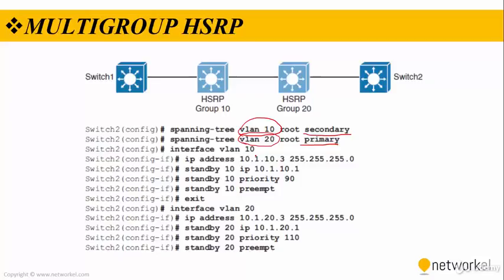Then I'm getting under the interface VLAN, for example, interface VLAN 10, I'm attaching a lower priority for VLAN 10 and higher priority for VLAN 20, which means this is gonna be active for VLAN 20 and this is gonna be in standby mode for the VLAN 10.